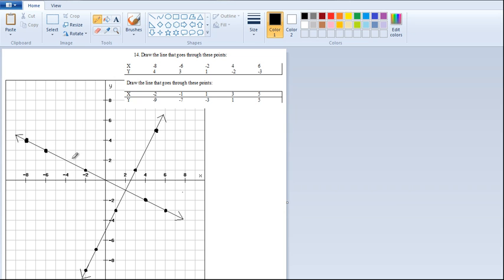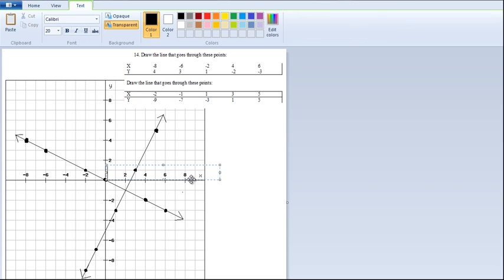So the line crosses the x-axis here. And the coordinates for this point is 0, 0.